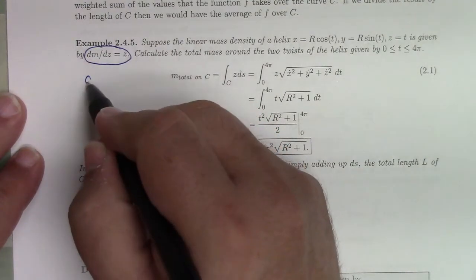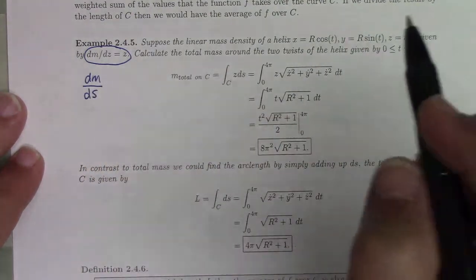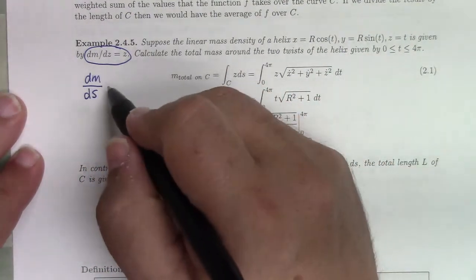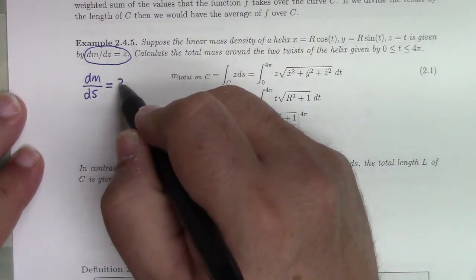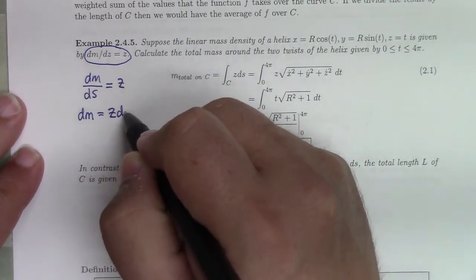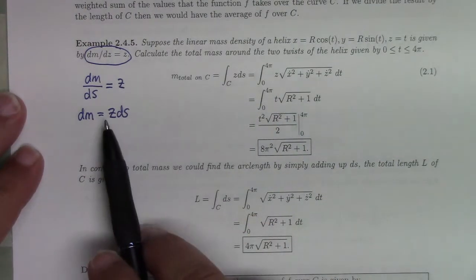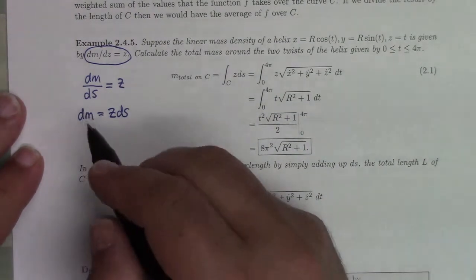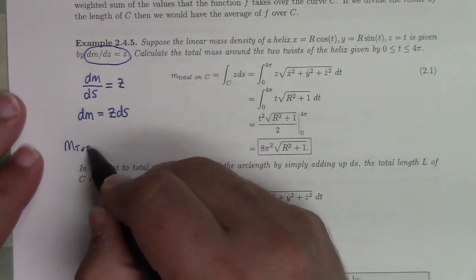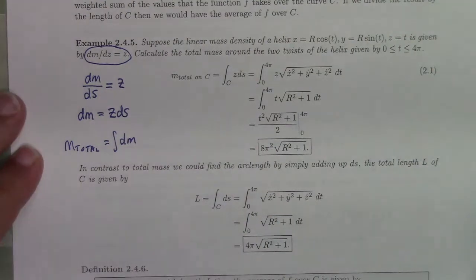I meant to say dm/ds, the mass per unit arc length, is given by z, which means that dm is z ds, right? So to get the total mass, I integrate, mass total equals the integral of dm along the curve.